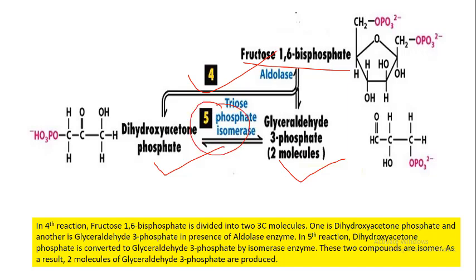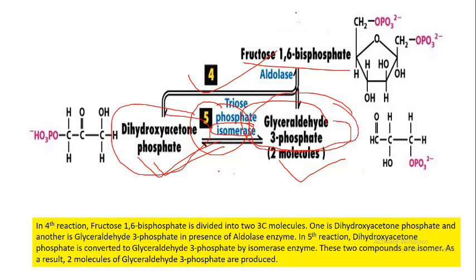In the fifth reaction, dihydroxyacetone phosphate is converted to glyceraldehyde 3-phosphate by isomerase enzyme. These two compounds are isomers. As a result, two molecules of glyceraldehyde 3-phosphate are produced.